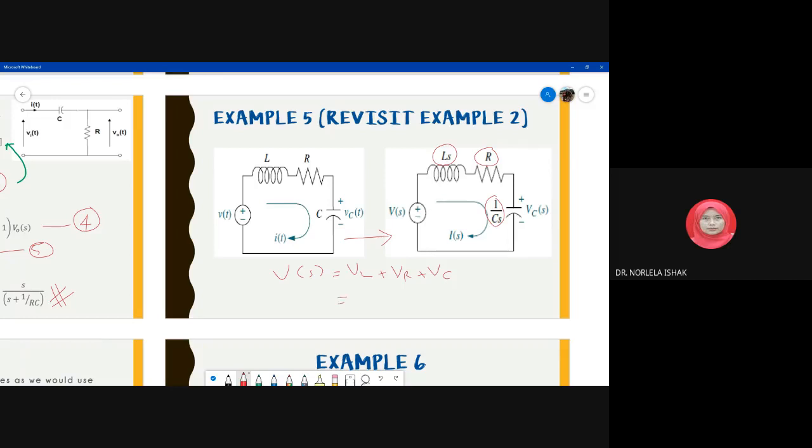The inductor voltage equals Ls multiplied by the current, plus the impedance for the resistor, R multiplied by the current, and then VC: the impedance for the capacitor is 1 over CS multiplied by the current. Similar like this, right? From here you can get this one.